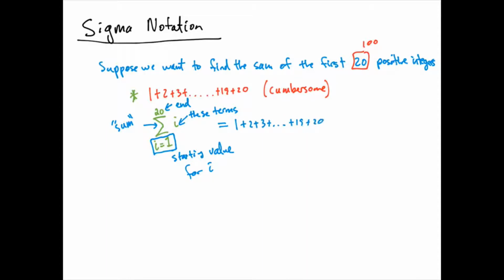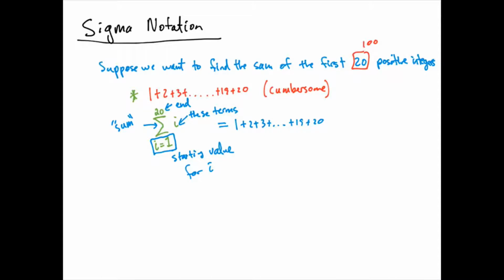So this is a quick way we could write the sum of the first 20 positive integers. We haven't talked yet about how to actually find this sum, but the first thing we want to do is write this in sigma notation.